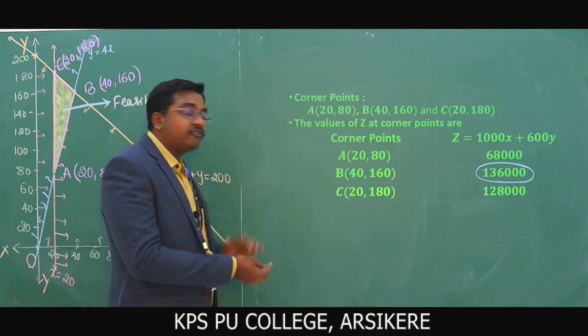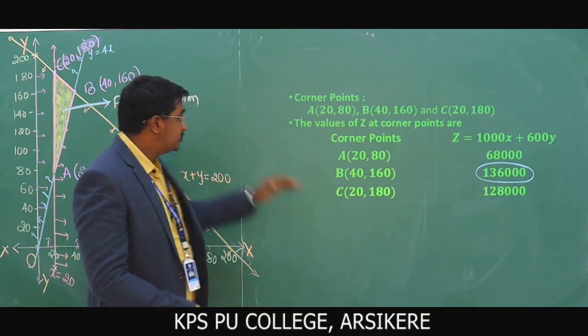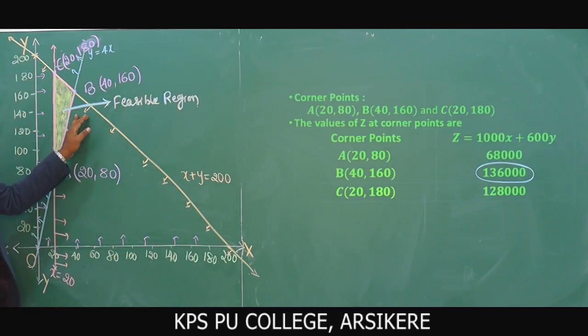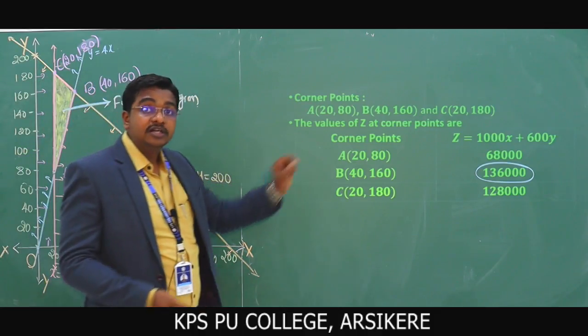Because the feasible region is bounded, from theorem number 2, when the region is bounded, the objective function attains both its maximum and minimum value, occurring at the largest value and the smallest value.